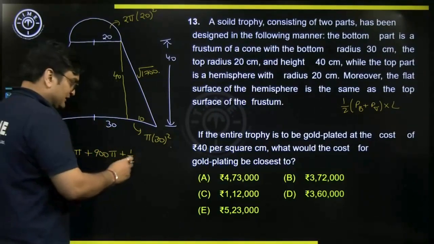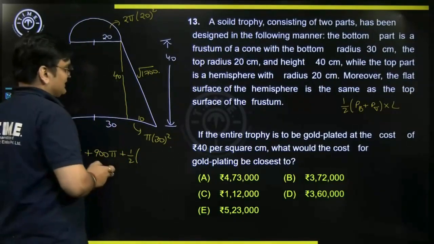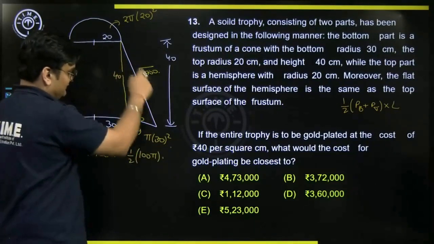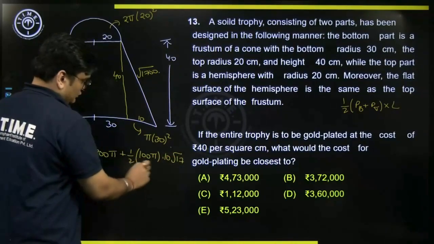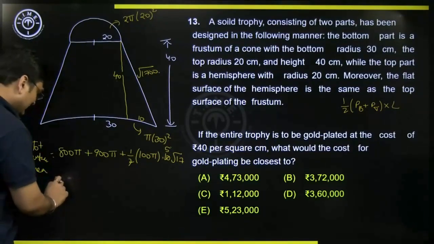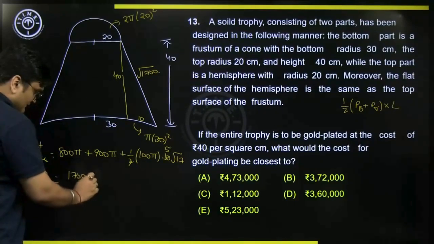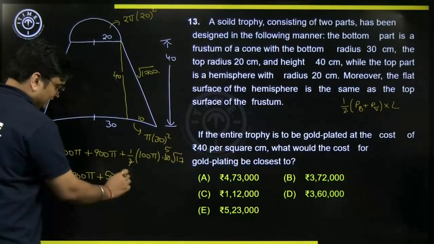So 2 pi into 30 is 60 pi, 2 pi r 40 pi, 60 and 40 is 100 pi into slant height, which is root 1700, which is 10 root 17. So 2 will cancel out 5 times. So when you simplify, this is 1700 pi, and this is going to be 500 root 17 pi.